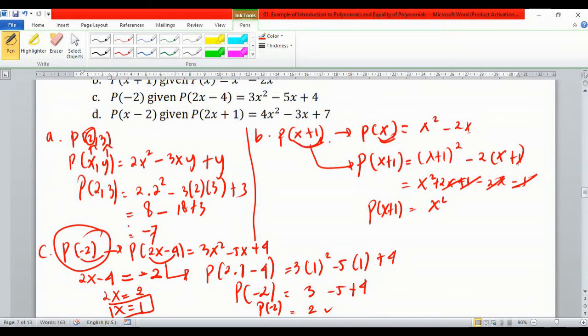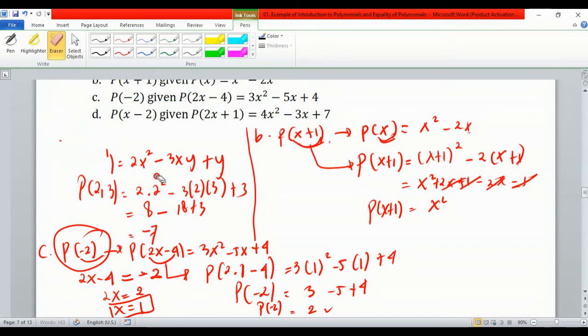So for the last one, it is similar to number A, number B and number C. Let's continue to find D. But before that, let me erase this one first. Everyone, when you find what their equation is, you need to make them equal to x plus 1 or x, depending on what they ask.